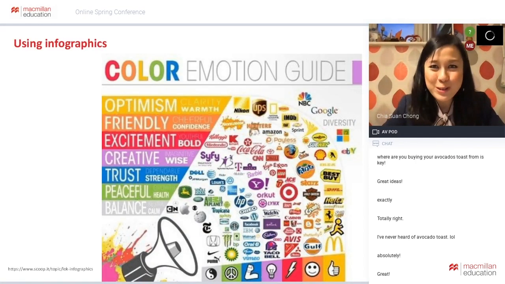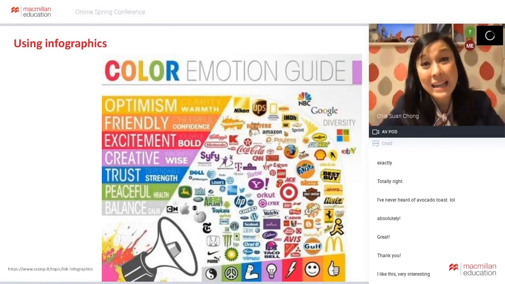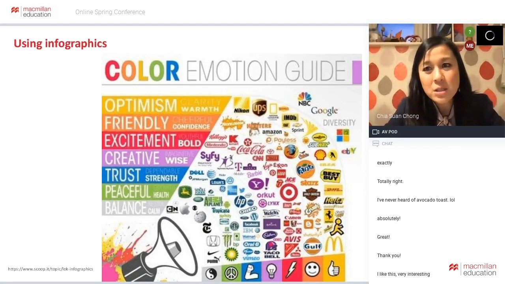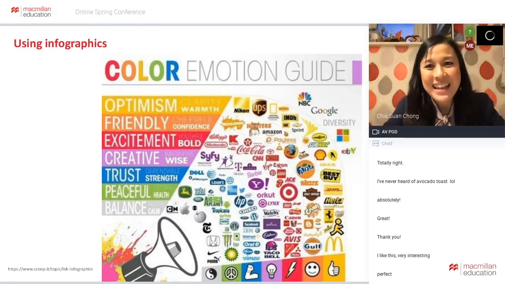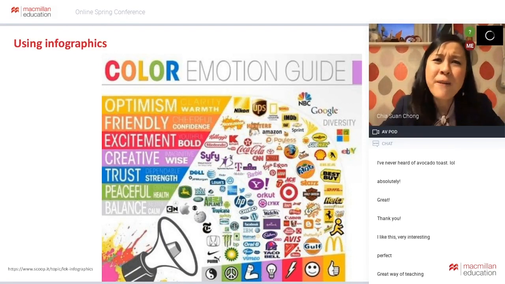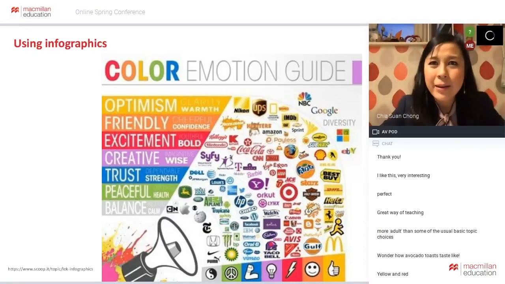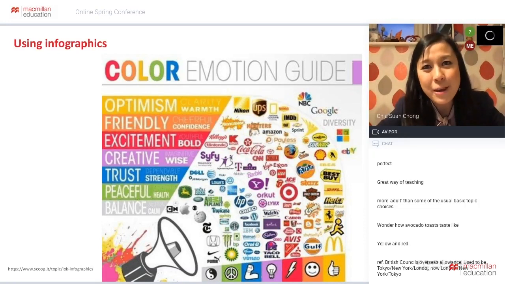I had a student once who was a marketing expert, and in a class presentation, he talked all about color and the importance of color in marketing. He talked about how the top fast food restaurants tend to use a combination of yellow, orange, and red to market those products to us because yellow, orange, and red makes us hungry.